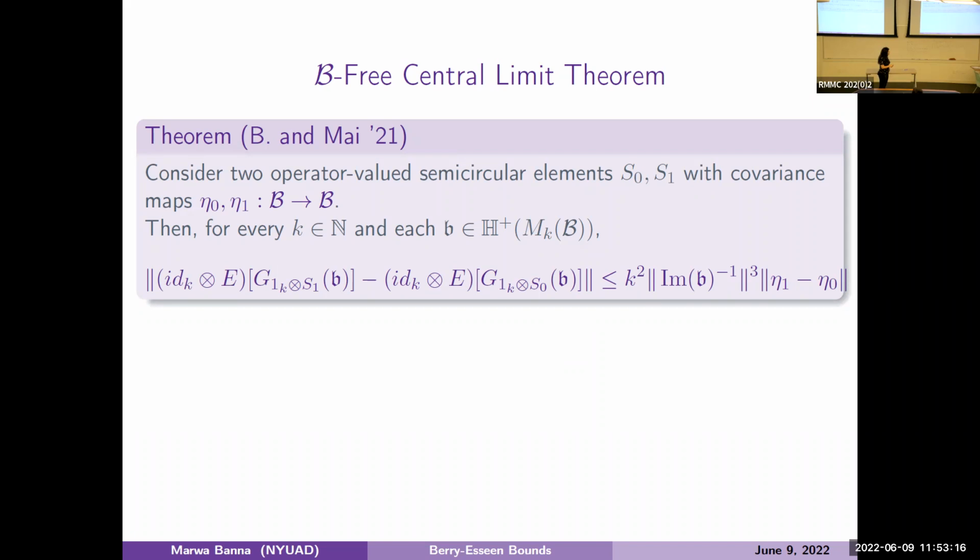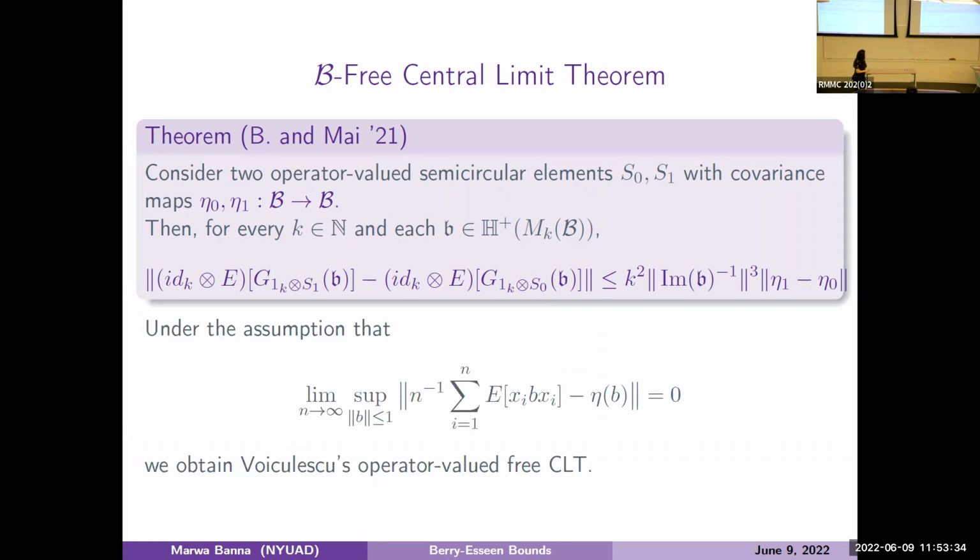And the upper bounds we obtain are in terms of the norm of eta 1 minus eta 0. So we follow the same steps, but here we don't have that the second order moments match. So this is why this term here appears. And now under the same assumption that Wolkowisky had, we have that this norm here converges to 0, and we obtain the central limit theorem.